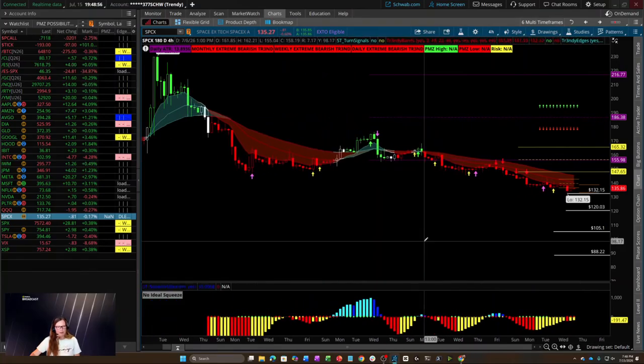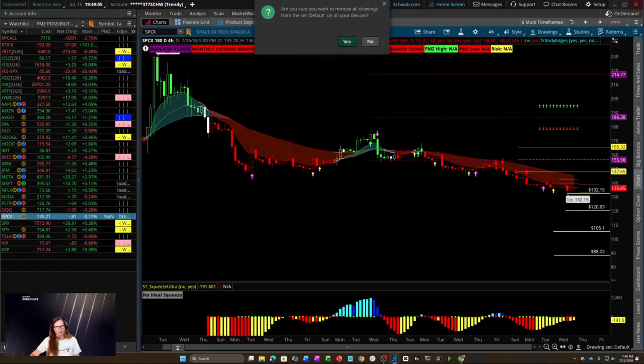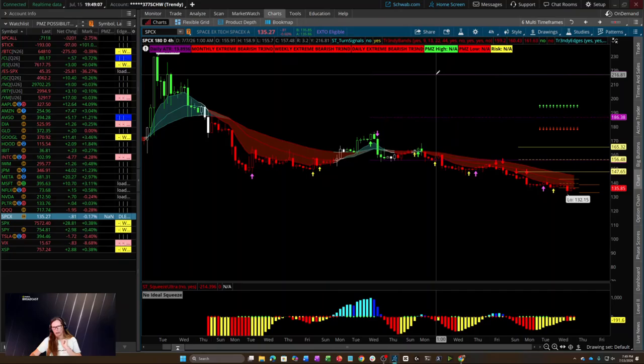All right, so we have covered how to mark zones for entries if price is in trending markets. We have learned how to mark Fibonacci zones for entries in choppy markets.